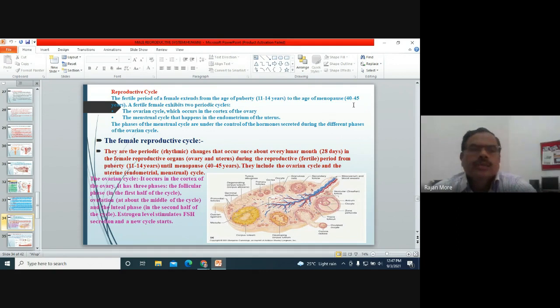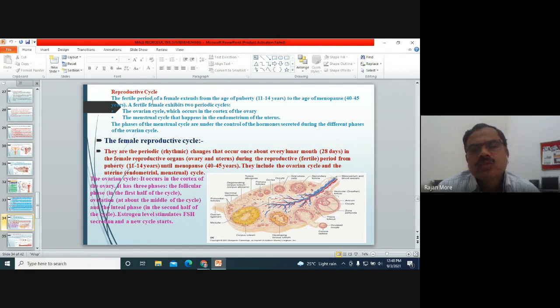Such a fertile female shows two periodic cycles. The first is the ovarian cycle, where the changes take place in the cortex region of the ovary, and the menstrual cycle happens in the endometrium of the uterus. So two cycles are carried out simultaneously, one in the ovary and another in the uterus.